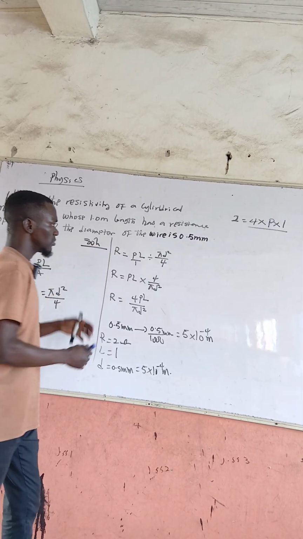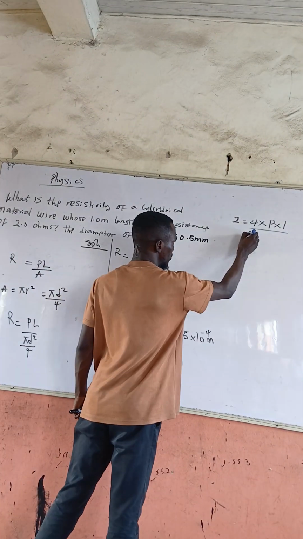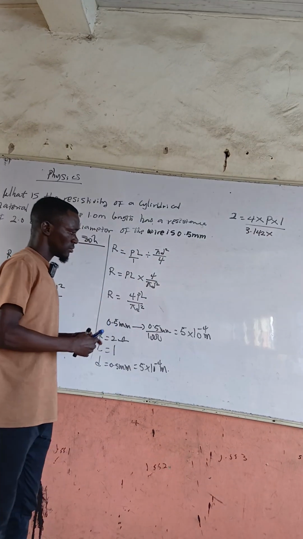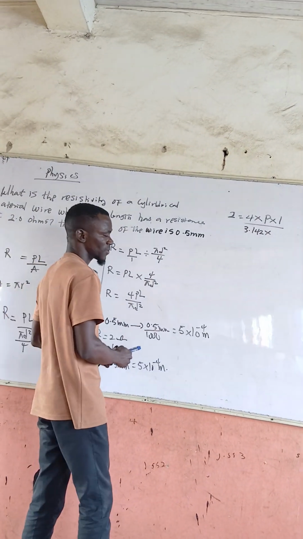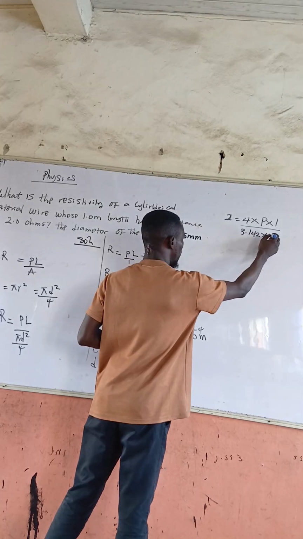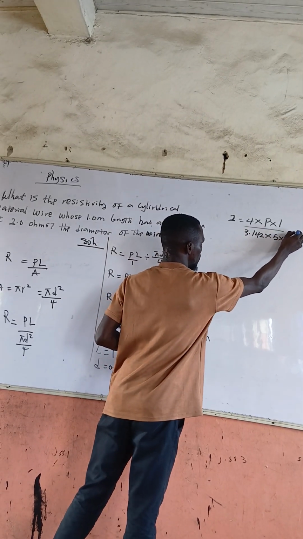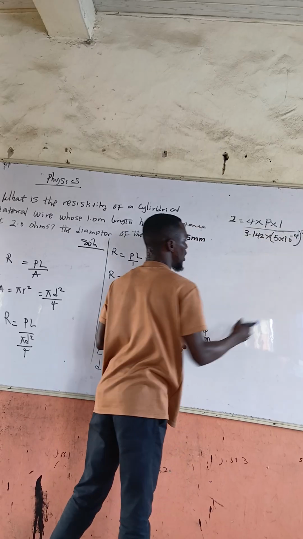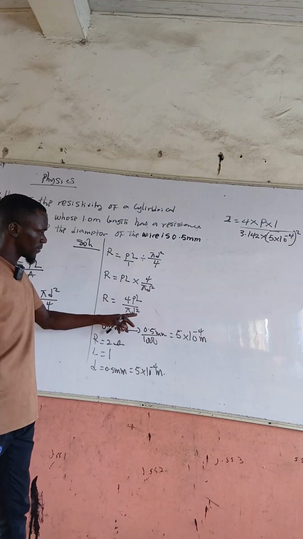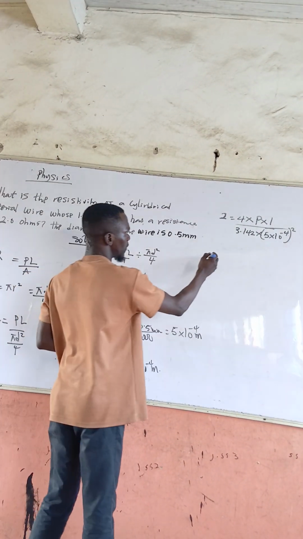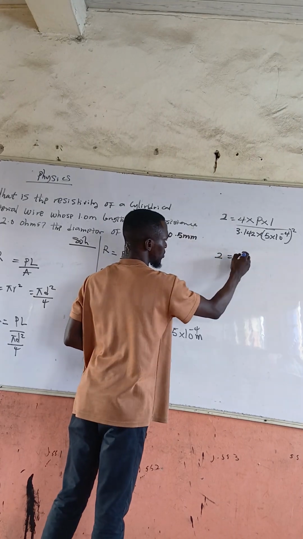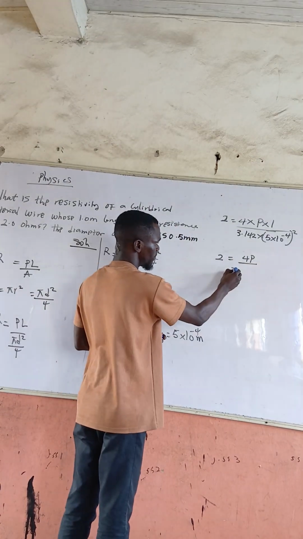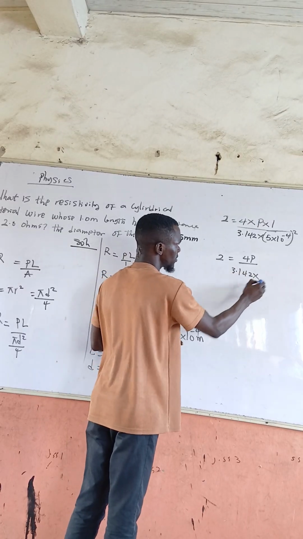Since it's not stated here, let's take it as 3.142. Then times the diameter squared, which is 5 times 10 raised to the power of minus 4, all squared, because the diameter has a square here.